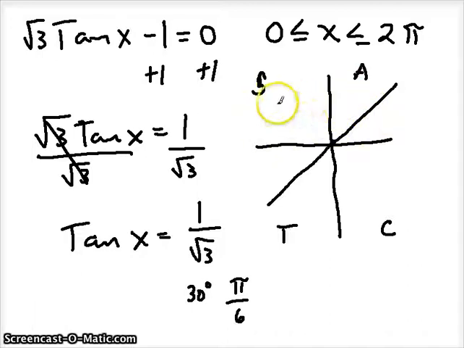Only sine functions are positive in this quadrant. Tangent functions are positive in this quadrant. And cosine functions are positive in this last quadrant. So I know that if I have a positive tangent ratio, I have to be in this first quadrant or this third quadrant. And so my reference angle here is going to be pi over 6.